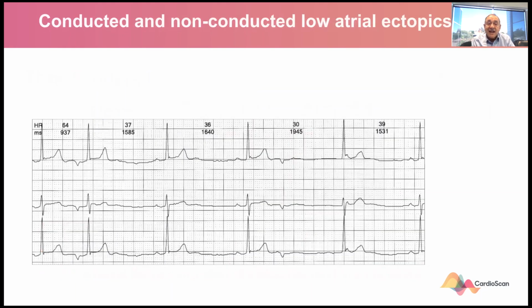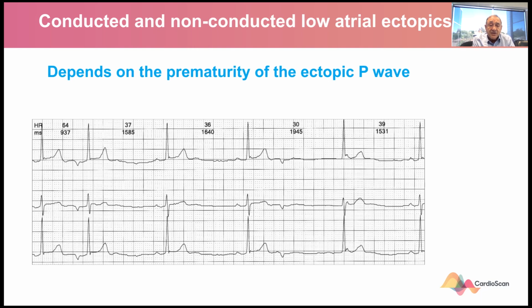Now let's have a look at conducted and non-conducted atrial ectopics. You can see that the P waves are inverted and from a low atrial focus. The first on the left is conducted, whereas the non-conducted one you can see on the right.